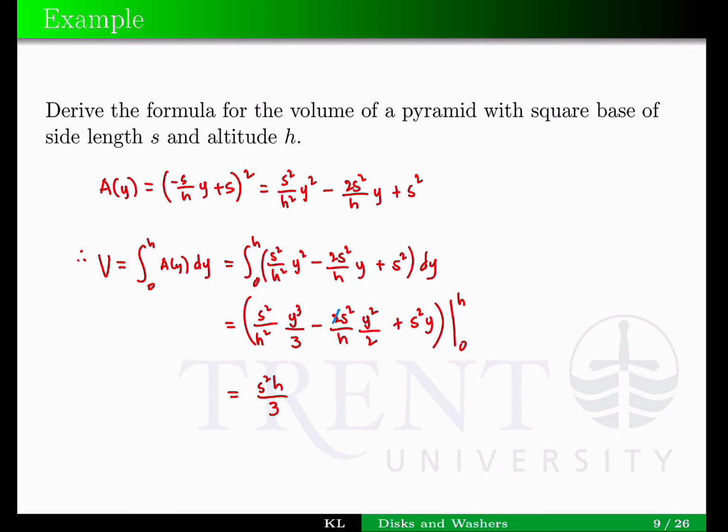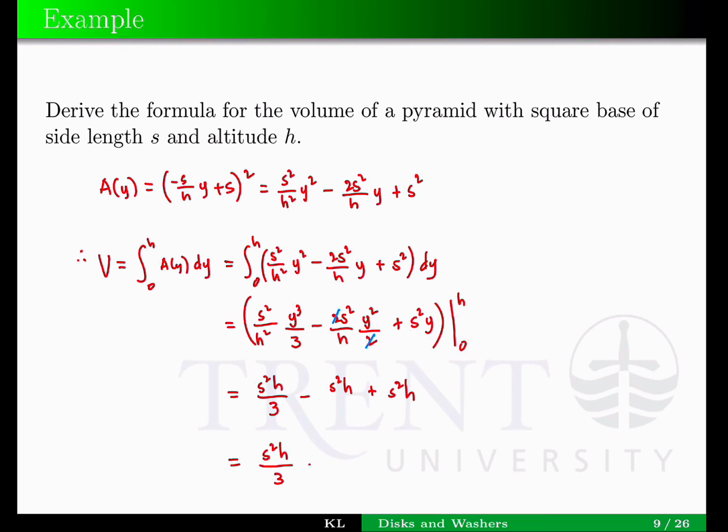Here you will cancel this one and this one. When y is equal to h, y squared is h squared over h, so you will have minus s squared h, plus, of course, for this one, we have s squared h. And then when y equals 0, everything will be 0 in here.